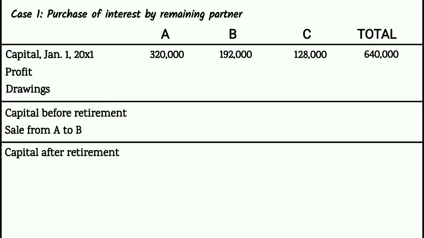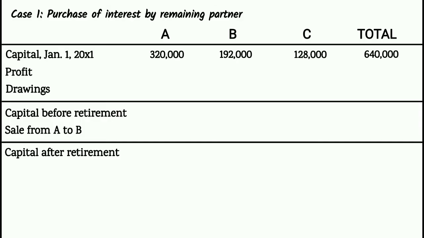Recall na ang profit nakakapagpataas yan ng capital. Yang profit na 800,000 pesos, i-allocate natin yan sa partners. Ang profit or loss ratio ay 50 to 30 to 20. 50% kay A, 30% kay B, at 20% kay C.